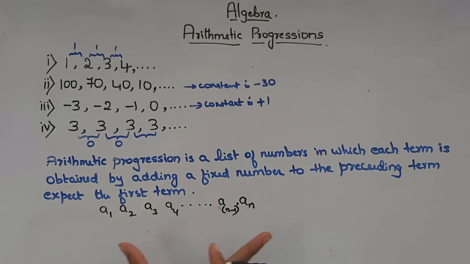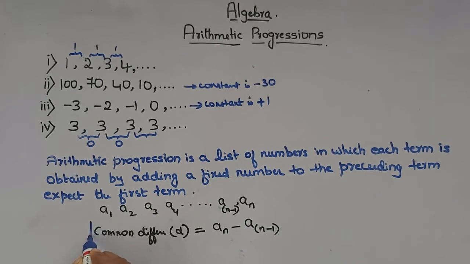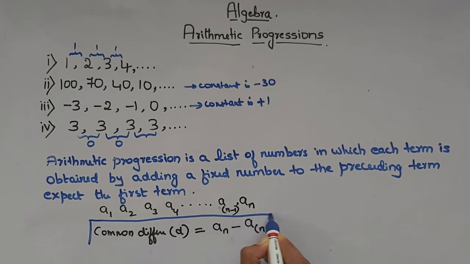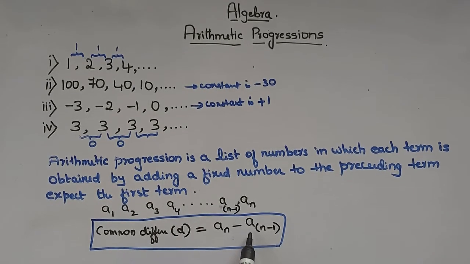So if you have this list of numbers, then the common difference, which is denoted as d, is equal to an minus a of n minus 1. That is a number minus its preceding number.